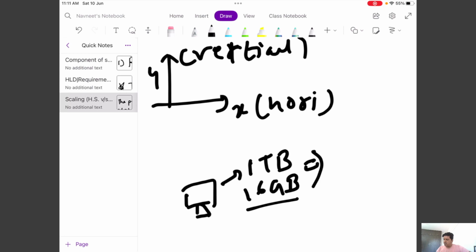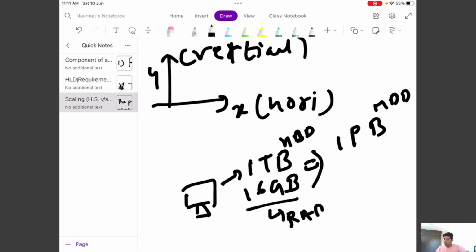I would say 1 petabyte of data I will store on this HDD, and I increase my RAM to, suppose, 64 GB, or maybe more than that. I don't know the highest capacity available for RAM, but just take the example of 64 GB.